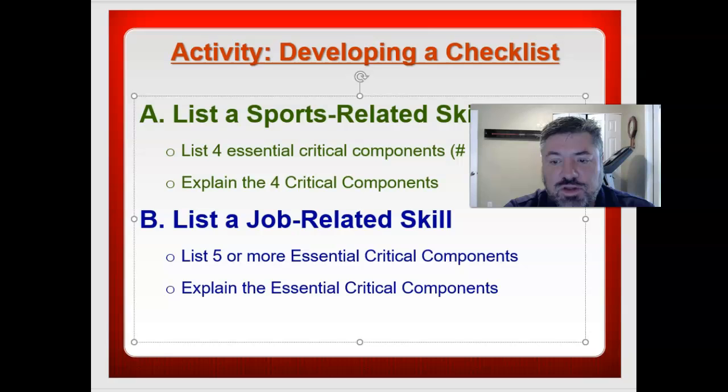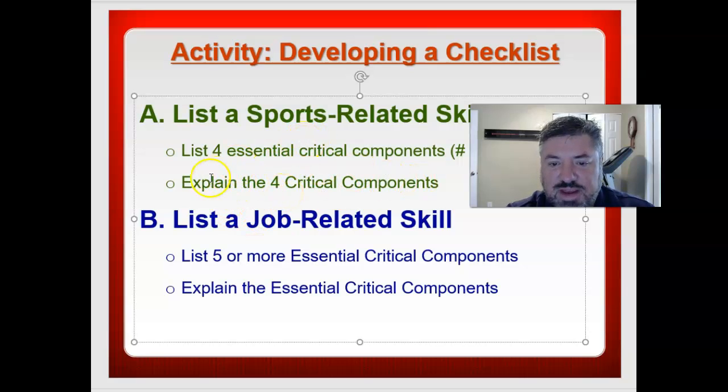But then under number 1 through 4, I want you to explain those critical components. So if you put number 1 as stance, explain what the stance is: feet shoulder width apart, weight on the balls of the feet, knees bent at about a 60-degree angle or a 35-degree angle. So explain what the stance is.